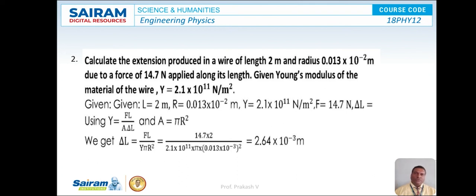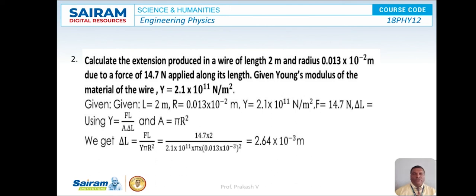We know the formula Y is equal to FL by A delta L, and the area of cross section A is equal to pi r square. So the extension produced, delta L, is equal to FL by Y pi r square, that is 14.7 into 2 divided by 2.1 into 10 to the power of 11 into pi into 0.013 into 10 to the power of minus 3 whole square.